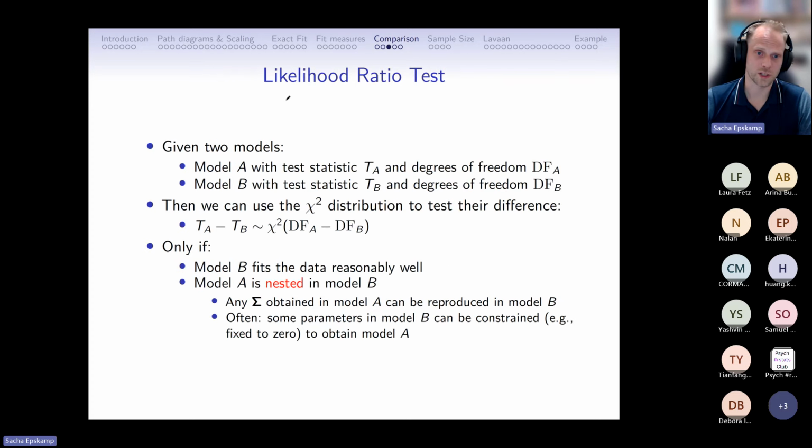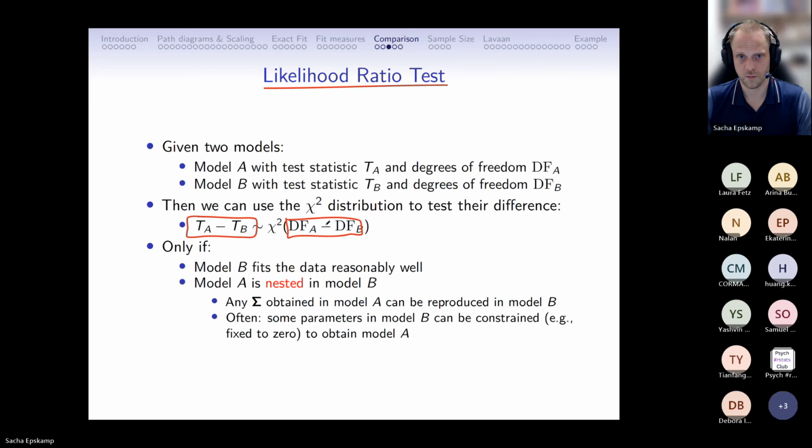Now that significance test is called a likelihood ratio test. And the idea is pretty straightforward. The difference between the two chi-square tests is also chi-square distributed, with the difference between the degrees of freedom as the degrees of freedom. So that means that we can get a p-value out of a difference score.